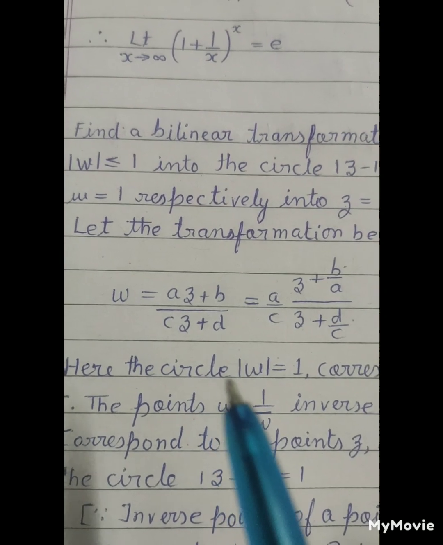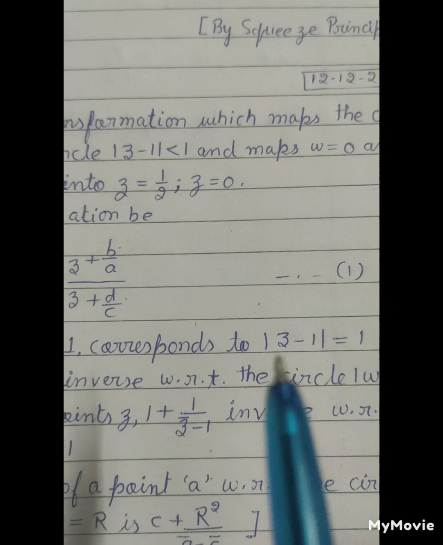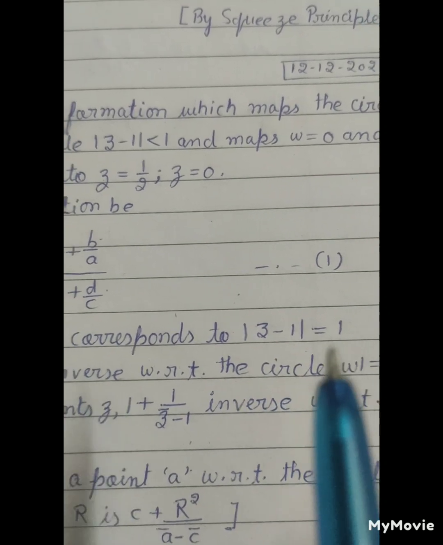Here the circle modulus w equals 1 corresponds to the circle modulus z minus 1 equals 1.